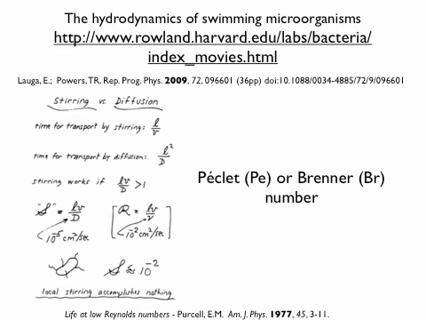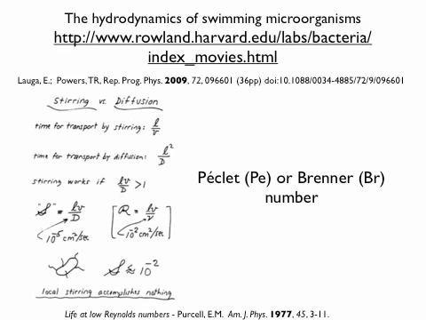So you have the time to move by stirring. It is basically the distance you would like to travel, L, divided by your speed, V. The time for transport by diffusion, Brownian motion, for example, is L squared divided by D. Now, stirring works if L times V over D is greater than 1.